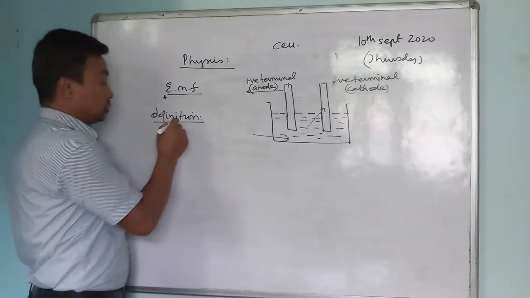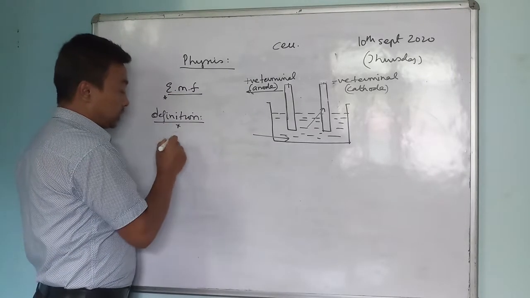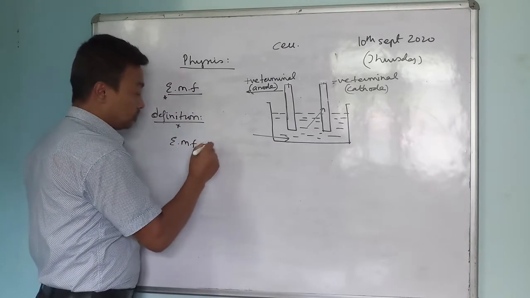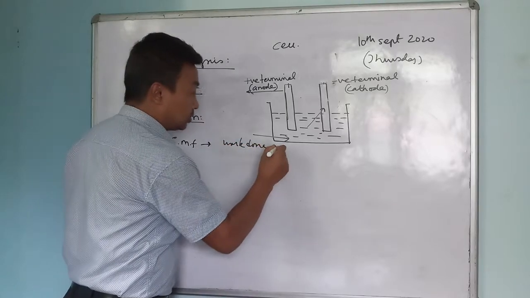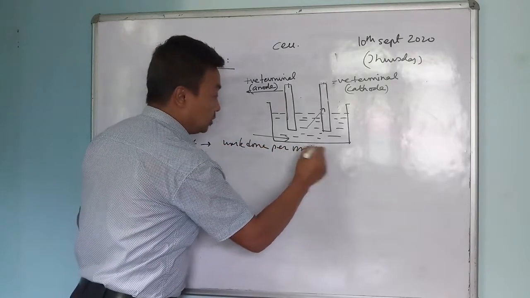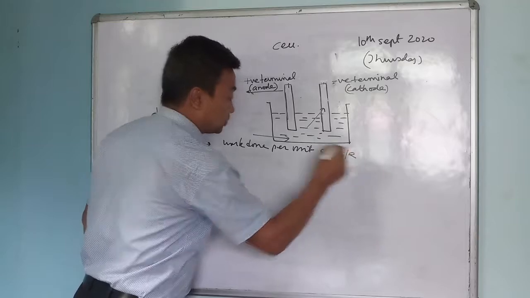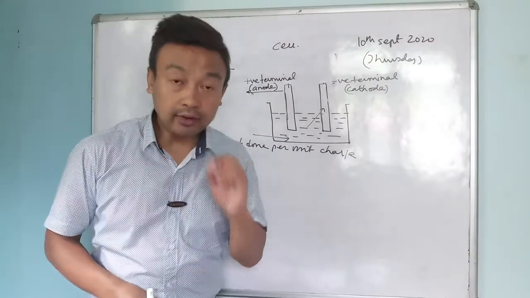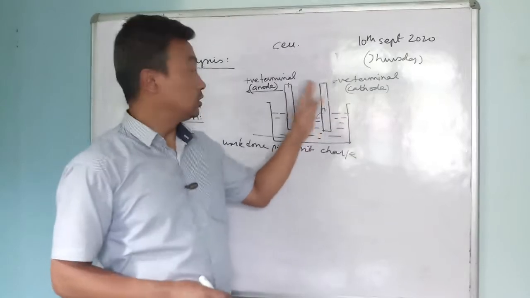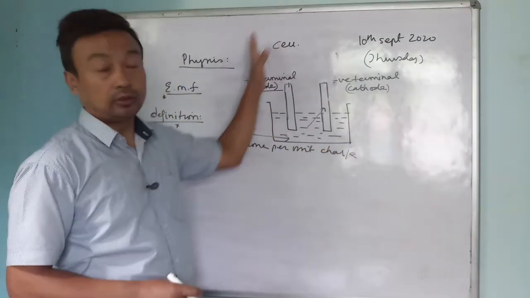EMF is defined as work done per unit charge in carrying a positive test charge across the complete circuit of the cell.